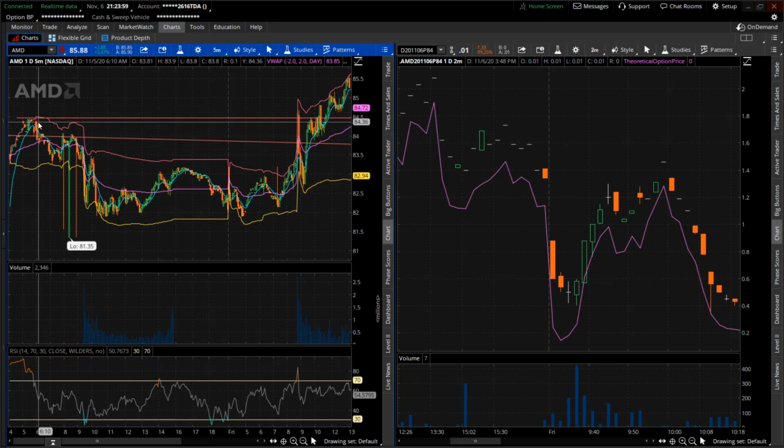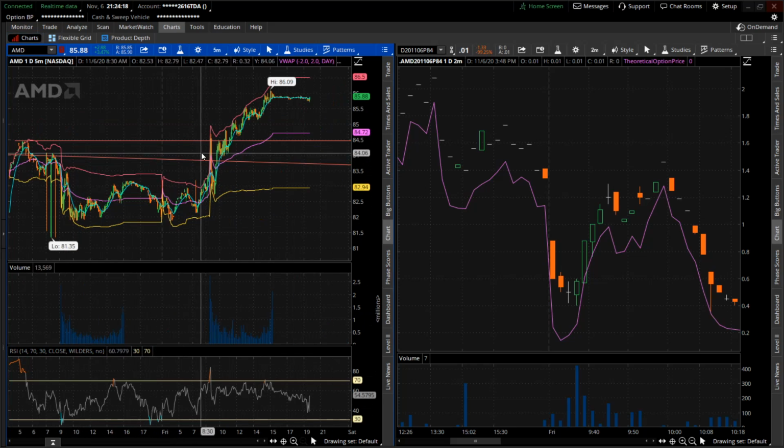This pre-market at the time was the high for an entire 24 hours of AMD. So this was the high previous day pre-market. That was the high at the time, and as you can see, it never got to it, so it remained the high until it got broken over here.